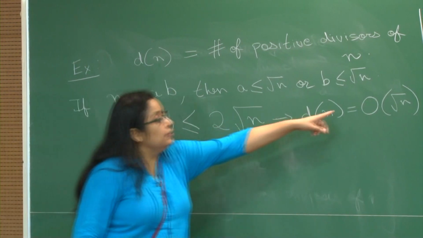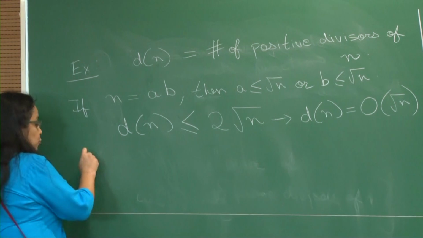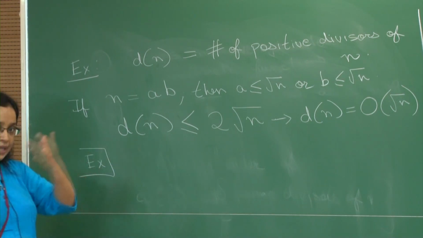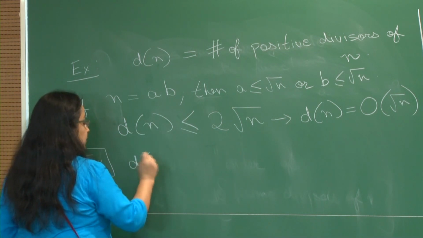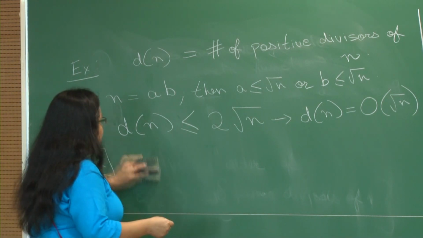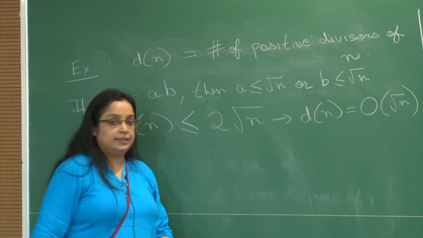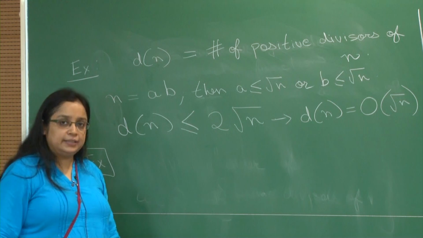Here you can actually refine this bound, and this is a more involved exercise which we will do in our next live session. So, d of n, you can show that it is not just root n. Suppose I were to take n to the 1/3, d of n can be shown to be O of n to the 1/3.